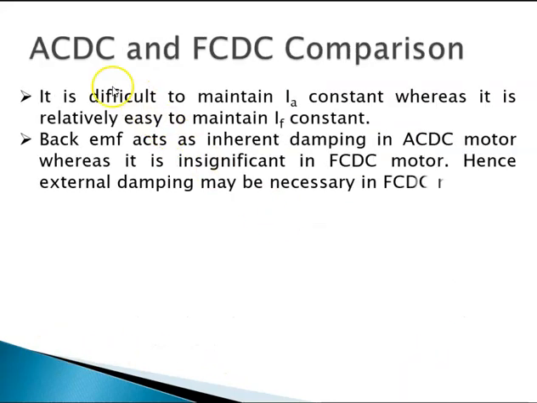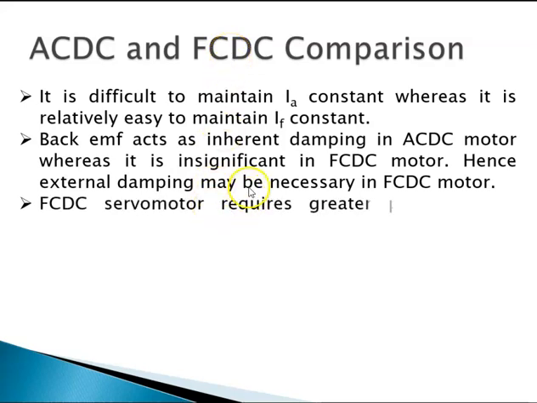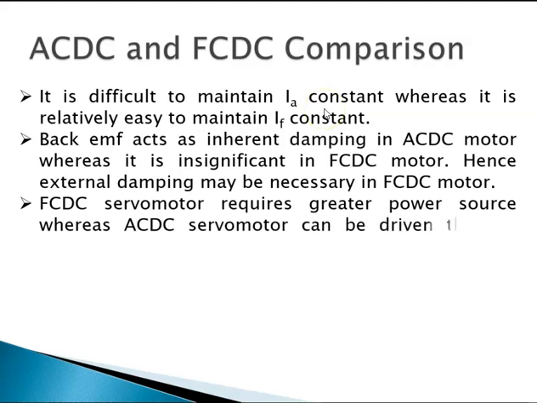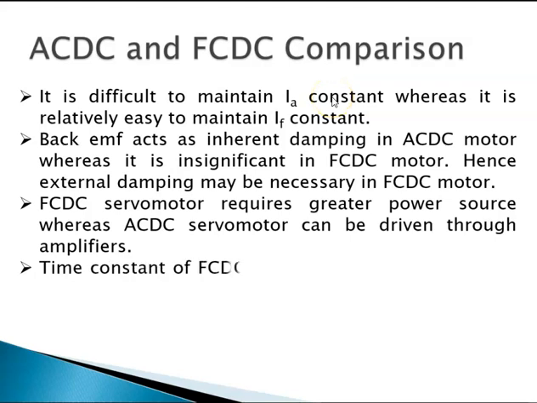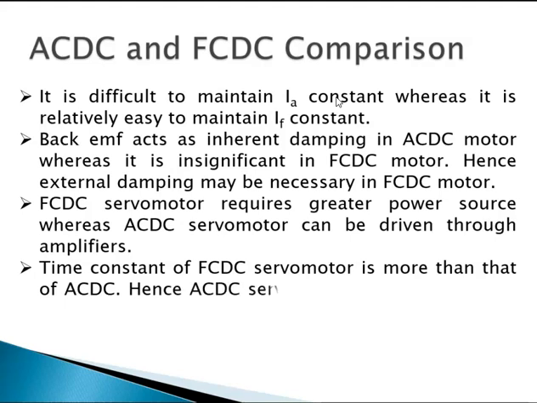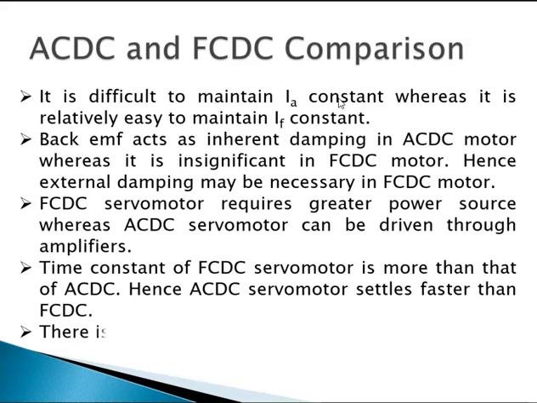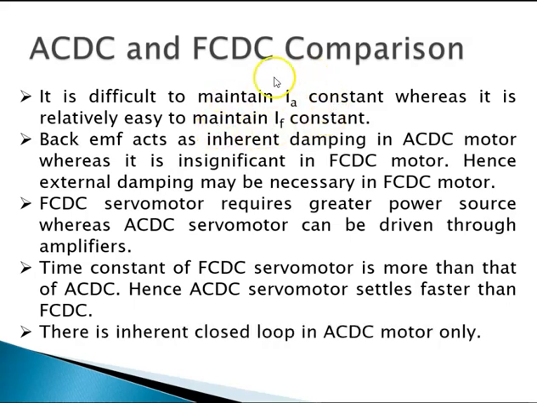So, a quick comparison of armature control and field control. Maintaining IA constant is difficult because IA must be maintained in the face of varying back EMF. Each time there is a small change in speed, back EMF changes, and hence EA, the applied voltage, has to be varied to maintain IA constant.